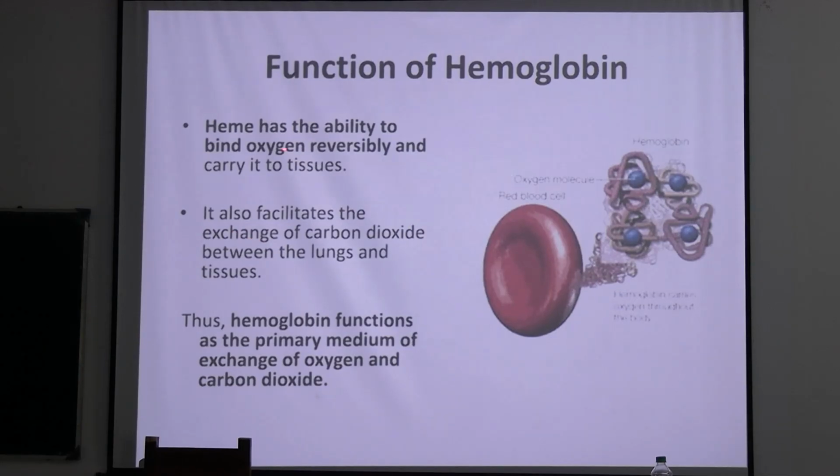It carries oxygen to the tissues and it also facilitates the exchange of carbon dioxide between the lungs and the tissues. It is the primary medium of exchange of oxygen and carbon dioxide. You have read this, no, in physiology?